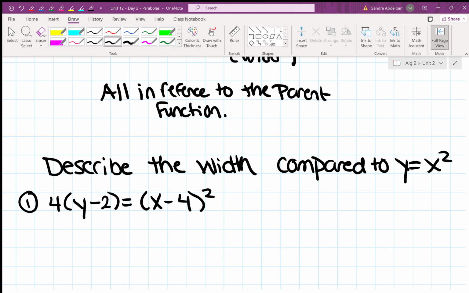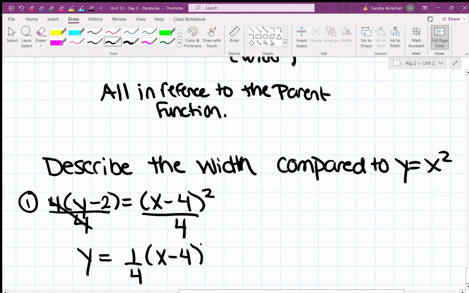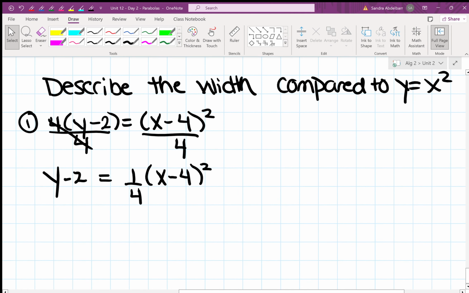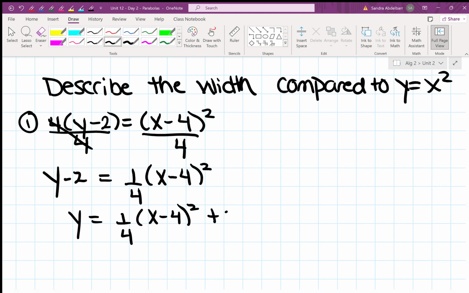So I divide by 4 on both sides. So y minus 2 equals 1/4 times the quantity of x minus 4 squared. Then add the 2 over. Y equals 1/4 times the quantity of x minus 4 squared plus 2.